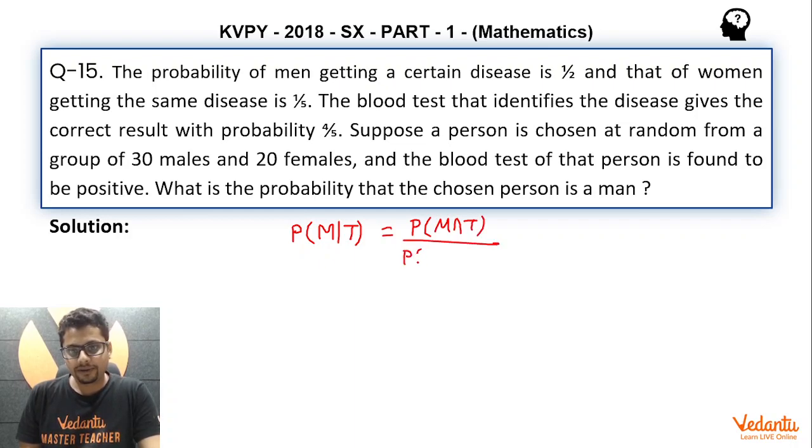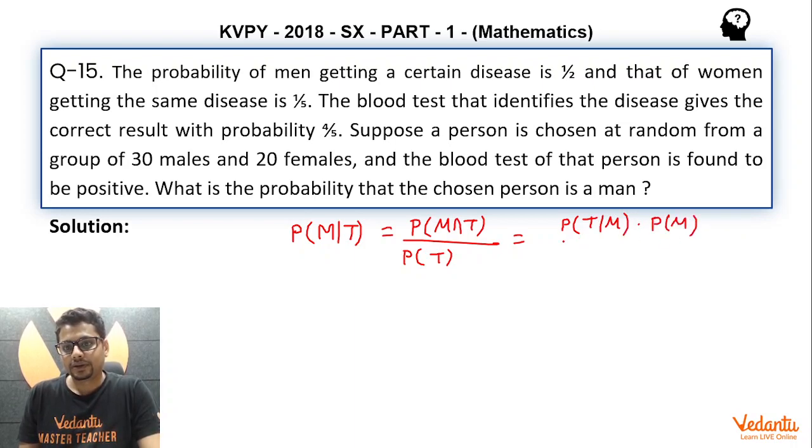So in a way I am covering the theory of Bayes' theorem also. So here the probability of M intersection T is the probability of T given M has occurred multiplied by the probability of M, divided by the probability of the test coming positive.